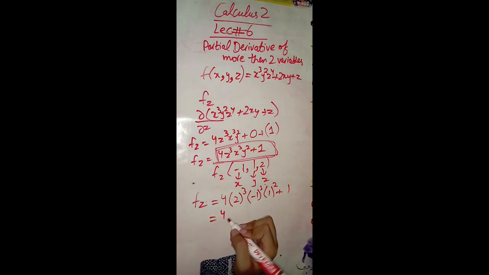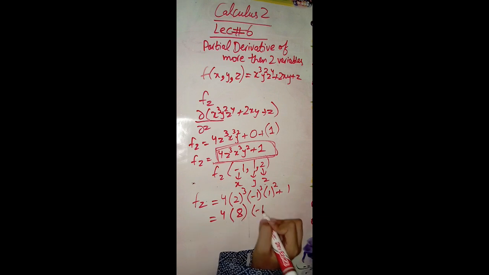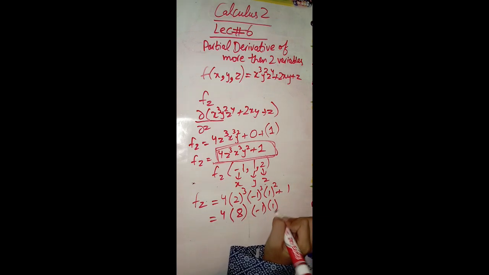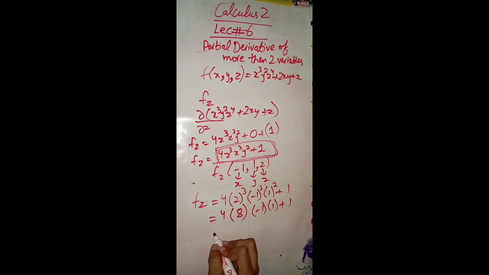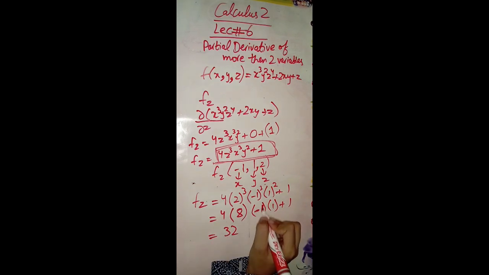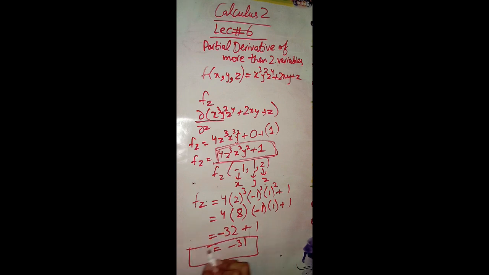It will be 4 into 8 into -1, plus 1. 4 times 8 is 32, and with the minus sign, minus 32 plus 1 gives minus 31. So our fz is equal to minus 31.